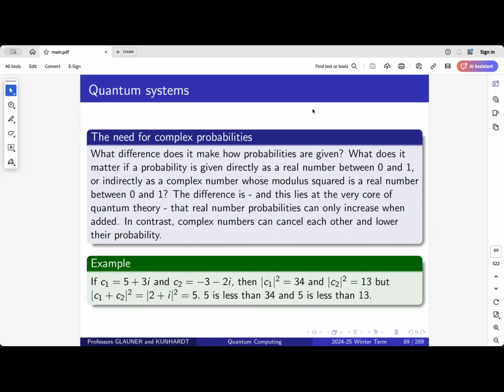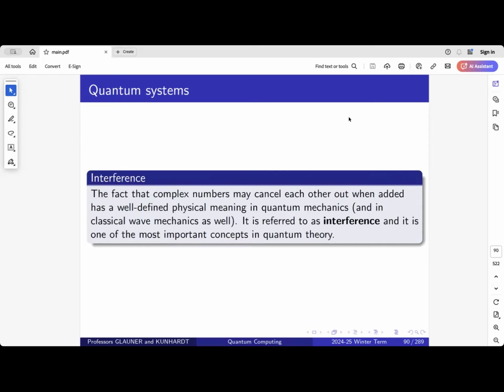These quantum systems come with some interesting properties because we use complex numbers, both in the states as well as in the transitions. Then we can see that complex probabilities can actually cancel each other out, an effect we call interference. That's also something we're going to study in greater detail today.